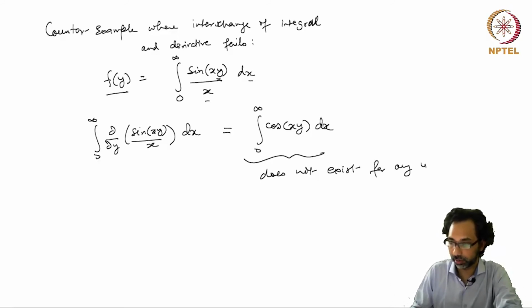This is a divergent improper Riemann integral. So if you take the partial derivative inside, then the integral does not exist.